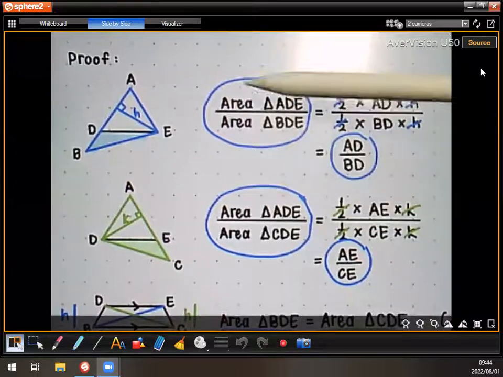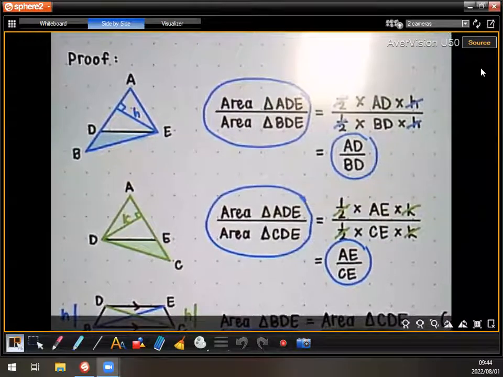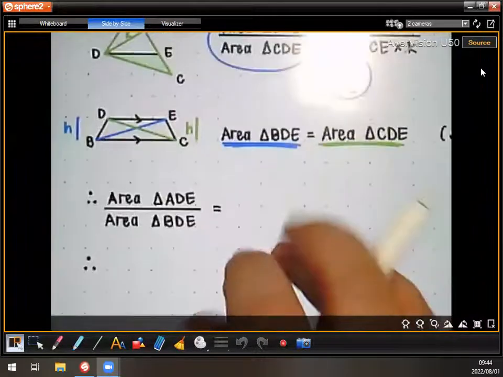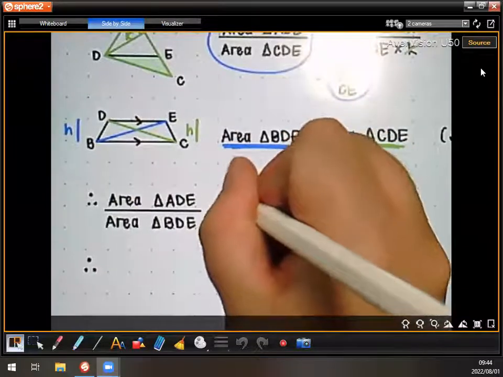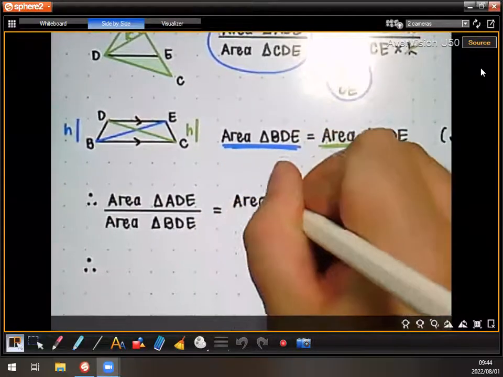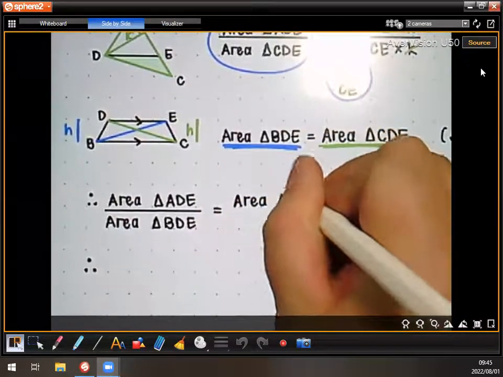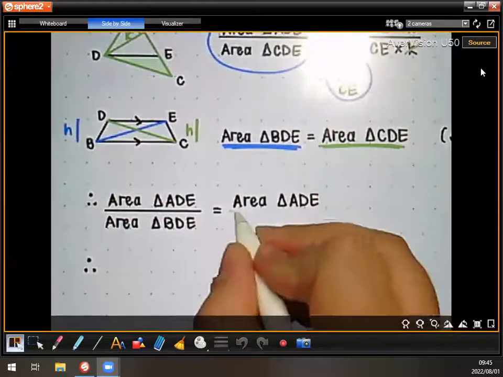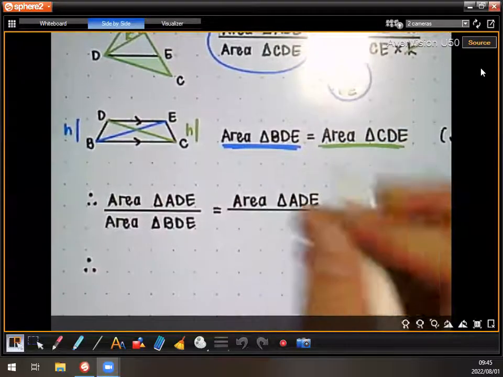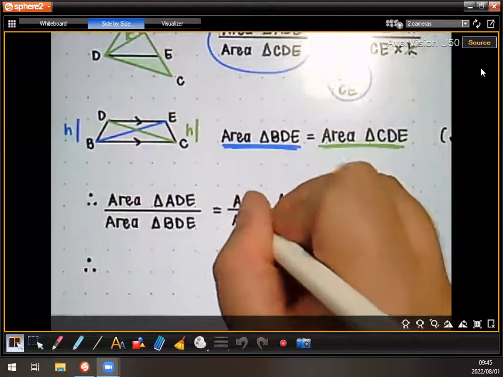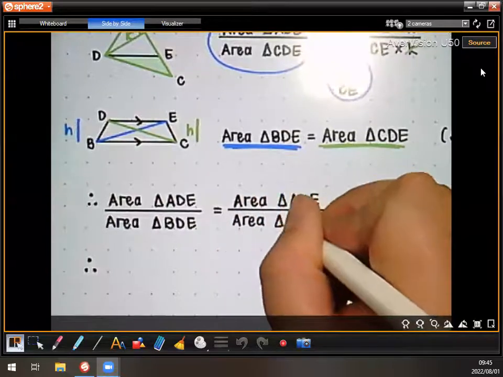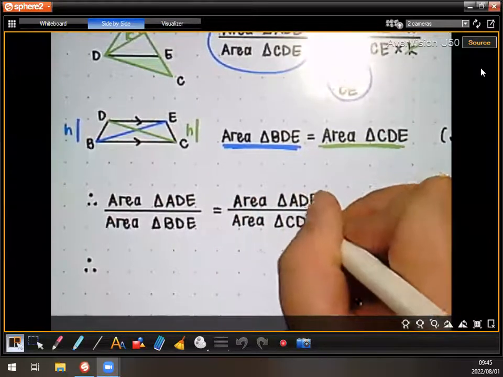So that line is going to be your first fraction equal to your second fraction. So we're going to say area triangle ADE over area triangle CDE.